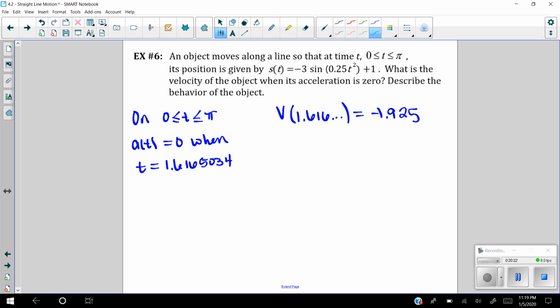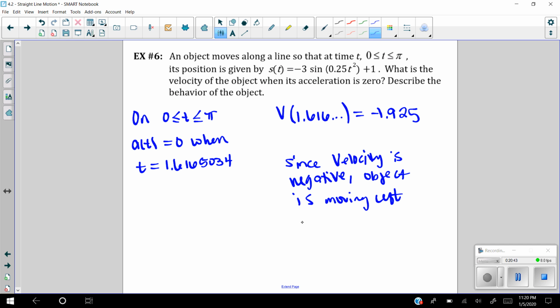Since the velocity is negative, the object is moving left. Cool. Okay. That's for number 6.